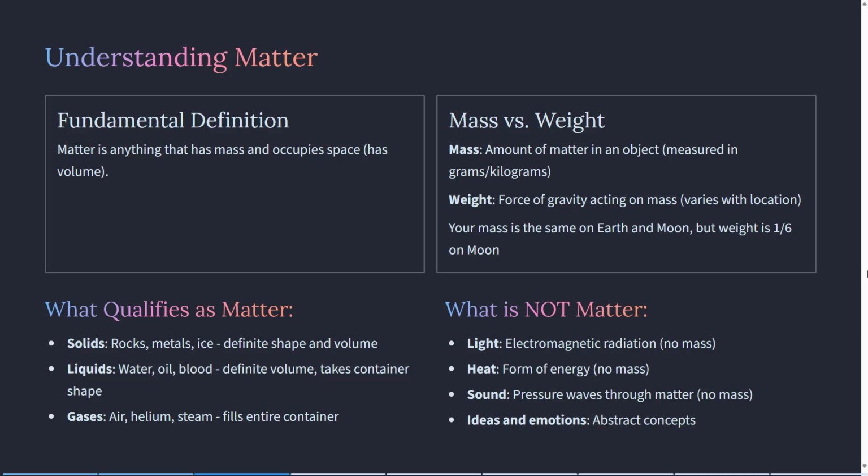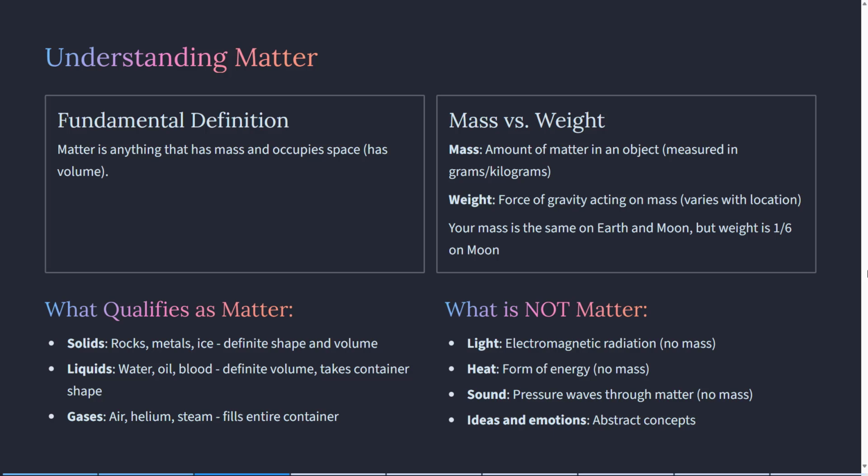Solids, like the desk you are sitting at, liquids, like the water in your bottle, and gases, like the air you are breathing. But light, heat, sound, and even your thoughts and emotions are not matter. They are forms of energy or abstract concepts with no mass.